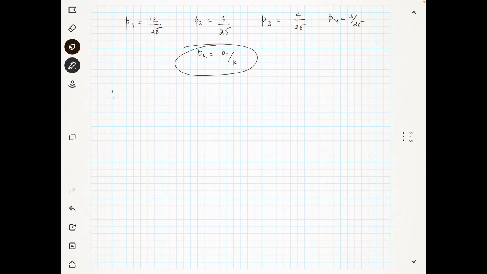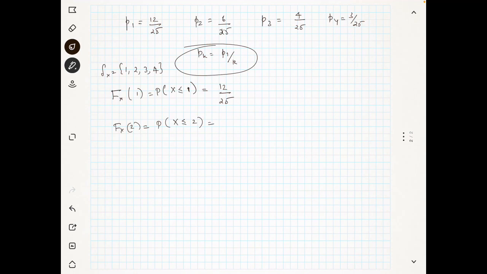Our random variables are 1, 2, 3 and 4, right? Then FX of 1 is nothing but the probability that X takes a value less than or equal to 1, which is 12 by 25. Similarly, FX of 2 is the probability that X takes a value less than or equal to 2.